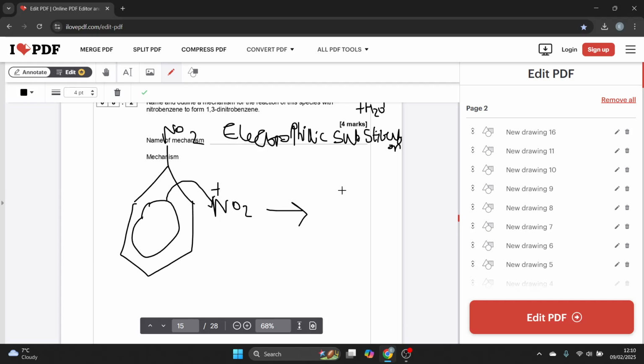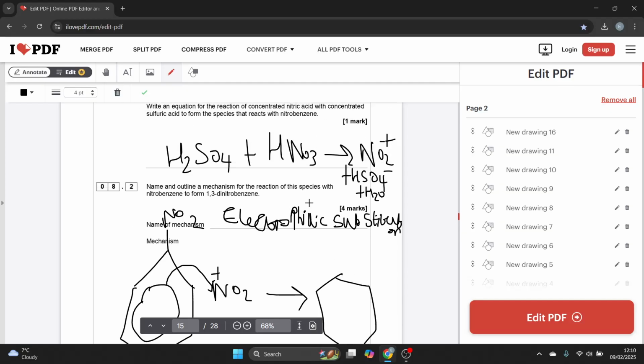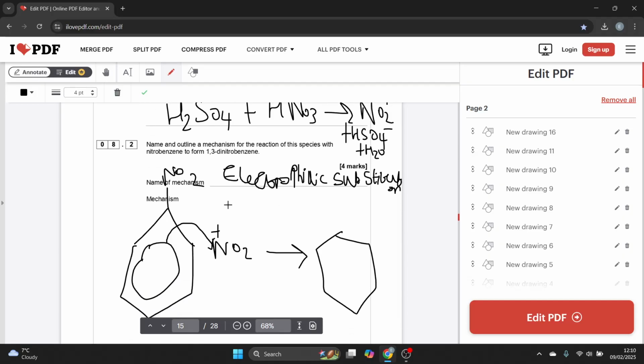Then what happens is now you've got a partial horseshoe ring. I want to form 1,3-dinitrobenzene: 1, 2, 3.